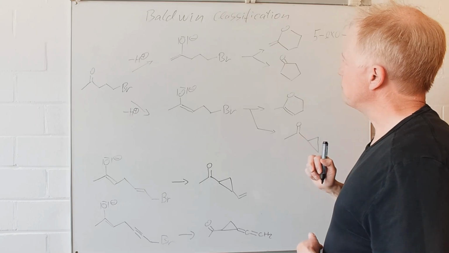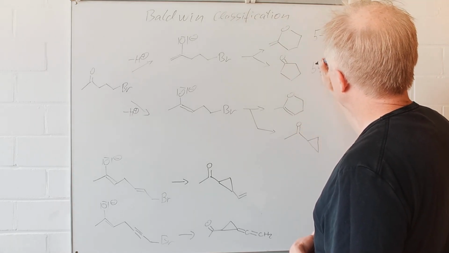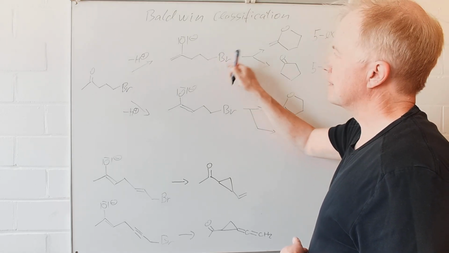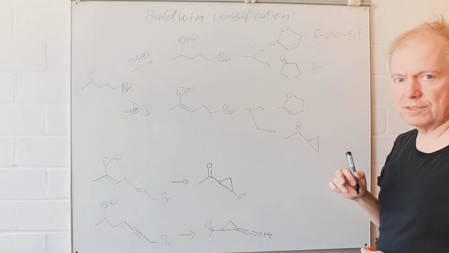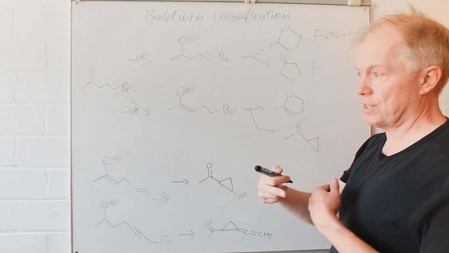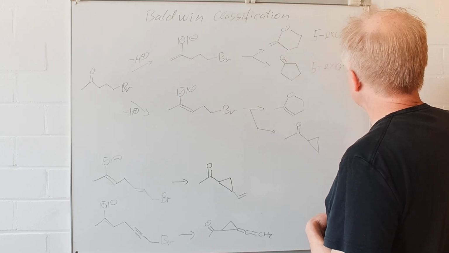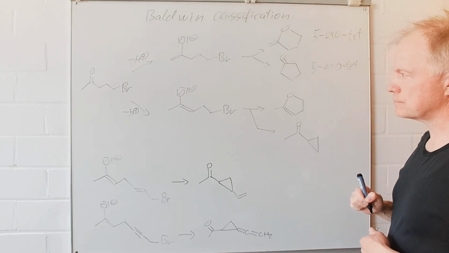Here, as a competing product, a carbocycle is formed, also a 5-membered ring. Again, it's the same carbon-bromide bond that is broken, located outside that ring geometrically. So exo tet, the same here.